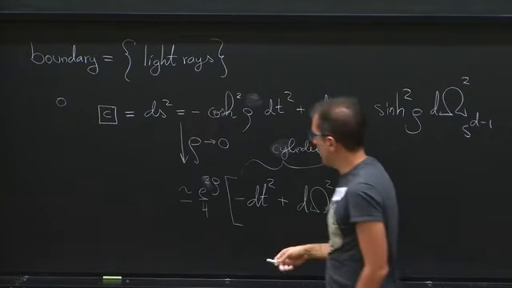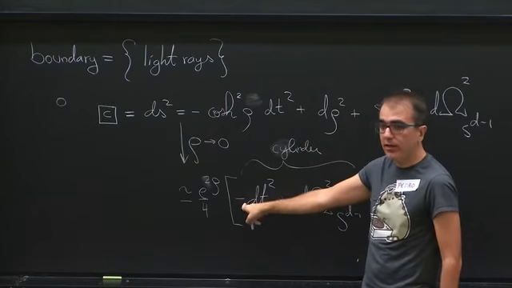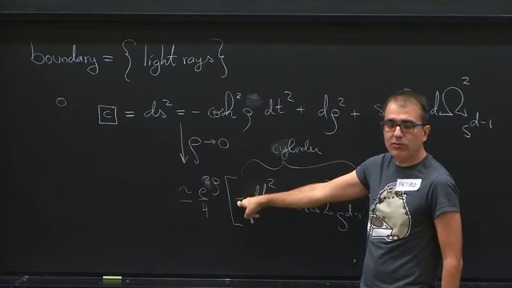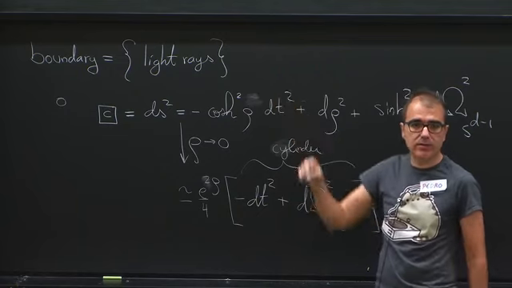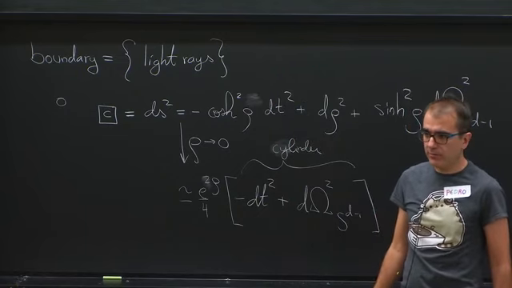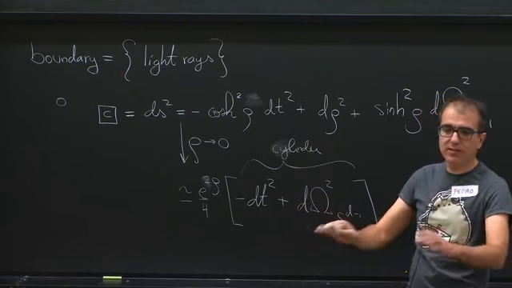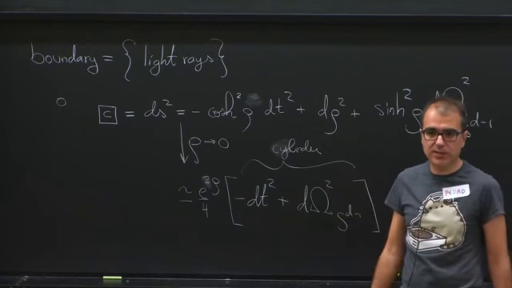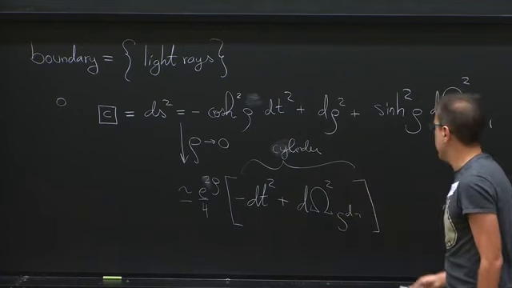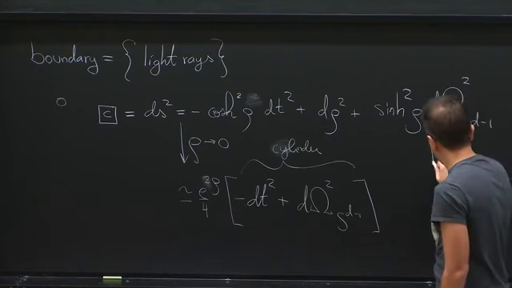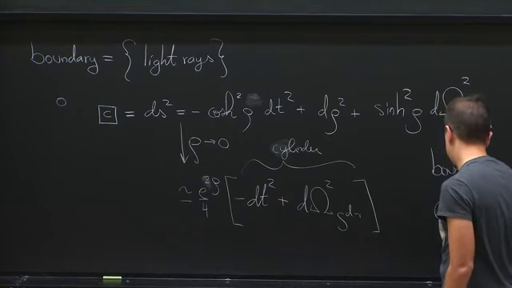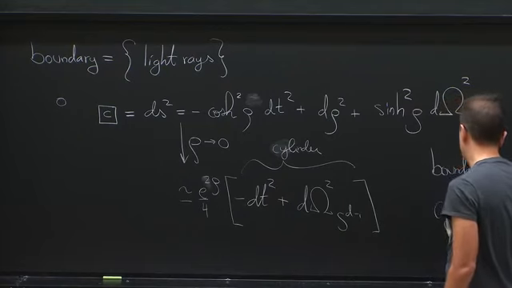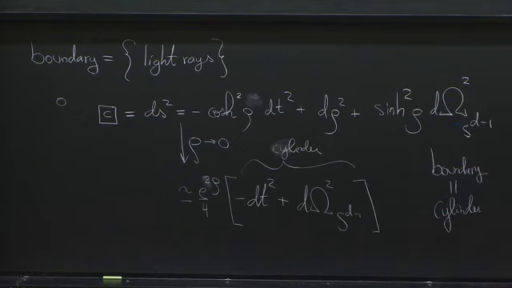Well, it's not exactly like the one we saw before because here I have an honest time. If you want the one we saw before, you should do t goes to i tau. Then you flip this sign and it's exactly the one we saw so far. Right? This is really a sphere times time, honest time, not a cylinder. But okay, it's a cylinder. And so the boundary of this spacetime is a cylinder. And this spacetime is d plus 1 dimensional.